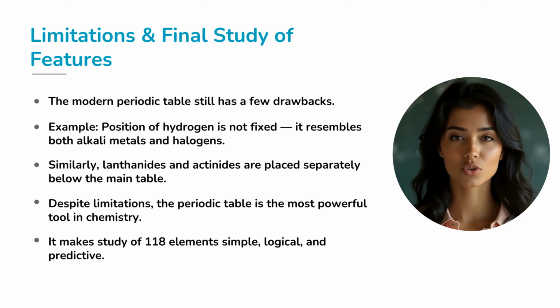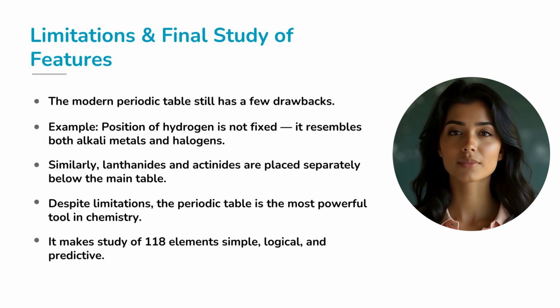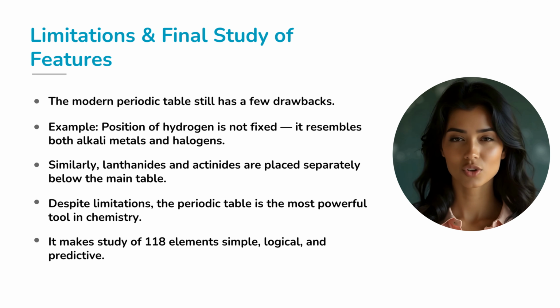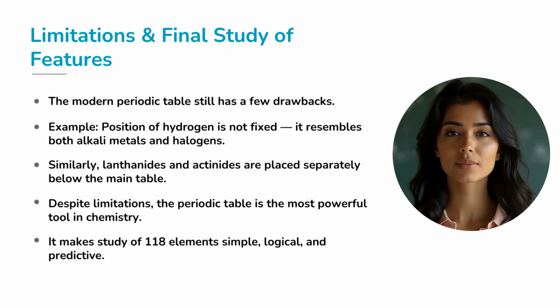Now, even the most brilliant systems have their quirks. The modern periodic table is not without its limitations. The most famous example is hydrogen. Poor hydrogen doesn't quite fit anywhere. Sometimes it behaves like alkali metals with one electron in its outer shell, and sometimes like halogens, needing one electron to complete its shell.